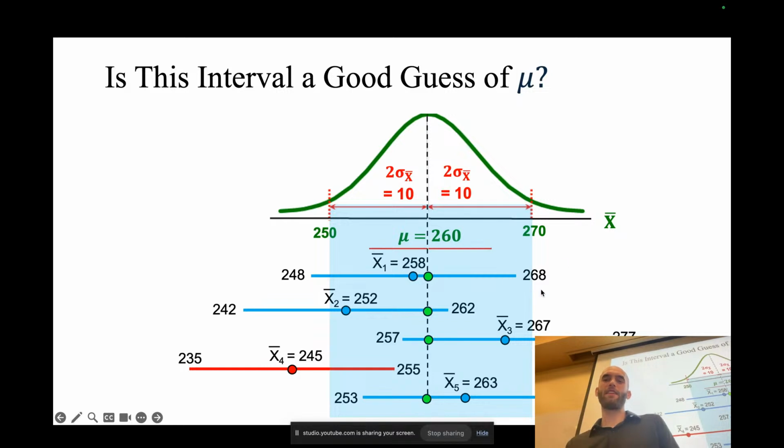But we're doing it not from the distribution of the sample mean, around the mean. We're doing it around the random draw.